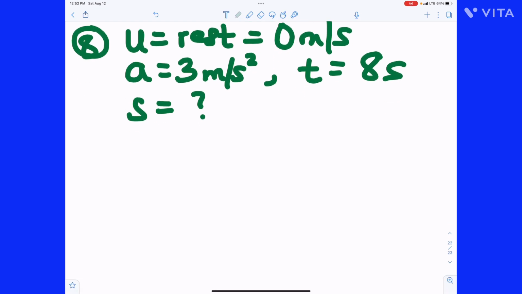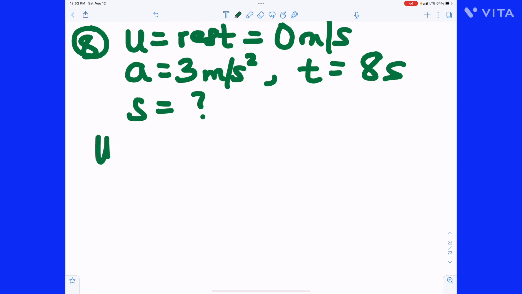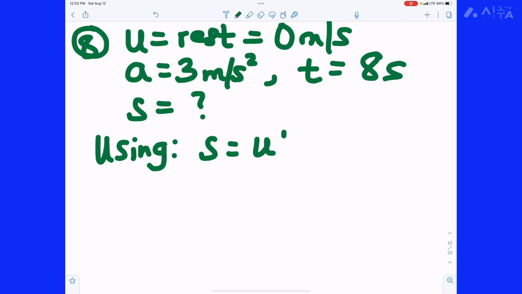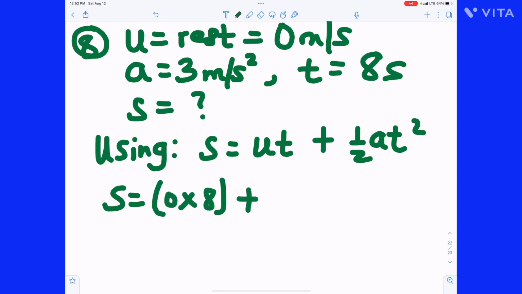First of all, what formula connects U, A, S, and T? The formula connecting U, A, S, and T is the third equation of motion. So we say using S is UT plus half AT squared, S will be 0 times 8 plus half times 3 times 8 squared.